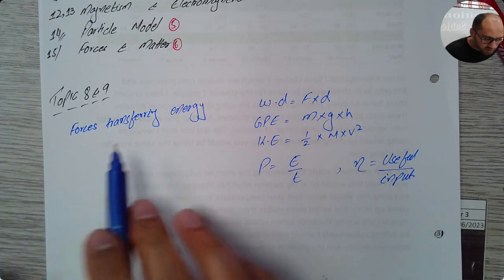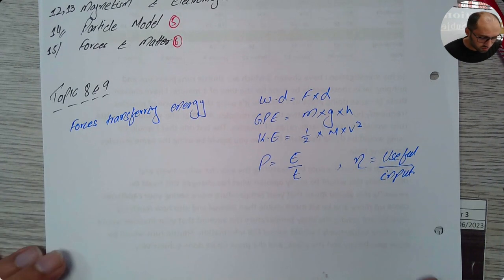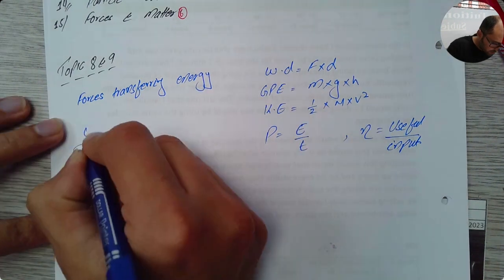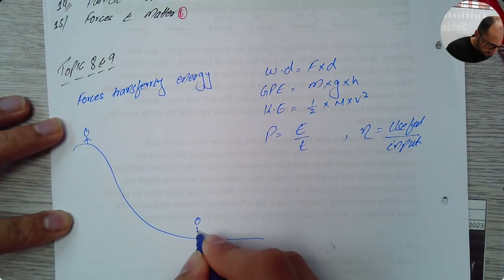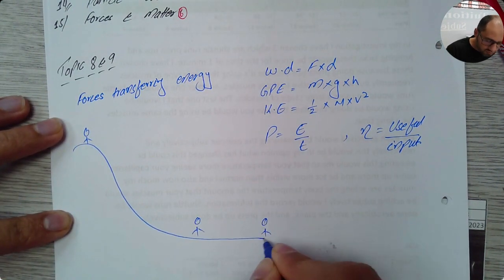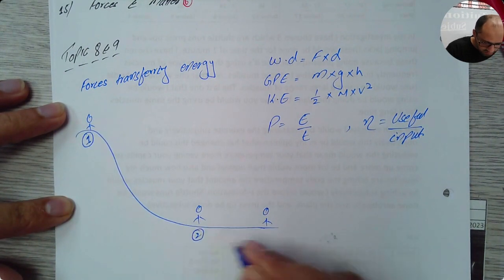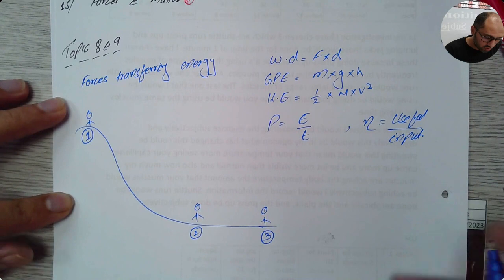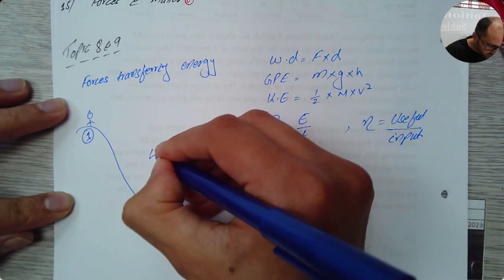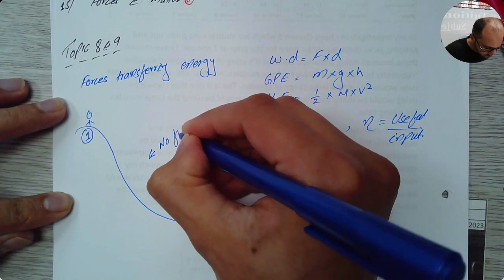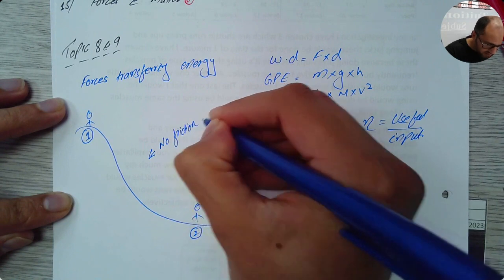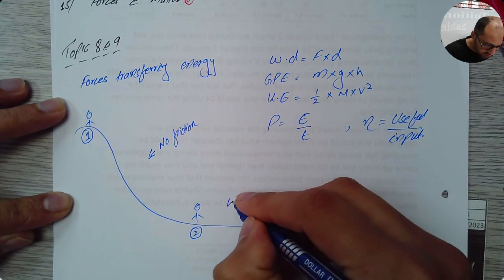When it comes to forces transferring energy, there are 2 things that you'll have to keep in mind. Consider this situation. Got 3 locations, 1, 2, and 3. Between 1 and 2, I'm going to assume there is no friction. And between second and third, I'm going to assume there is friction.